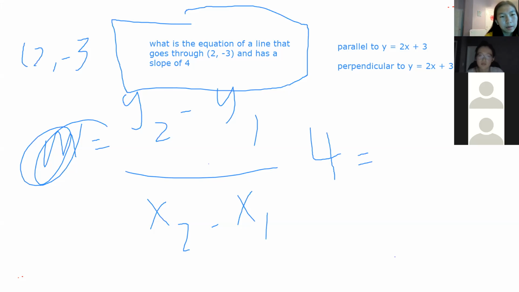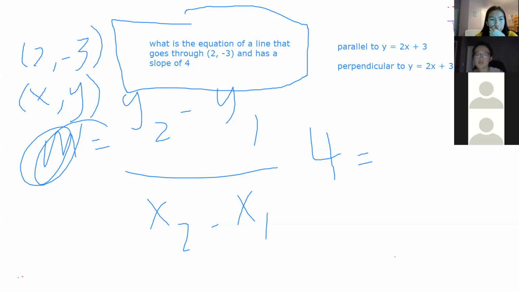So the first point is 2, -3. And the second point can be literally any point on the line. What that means is we just make it xy. So how would you find the slope between 2, -3 and xy? We would just plug in the points, right?